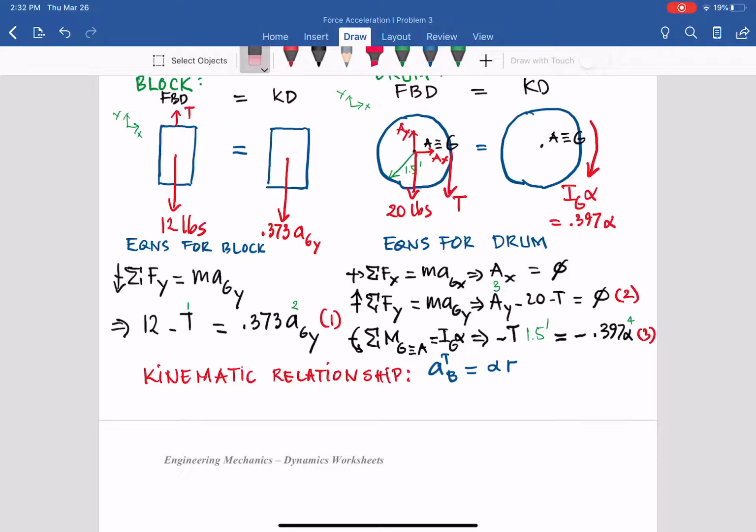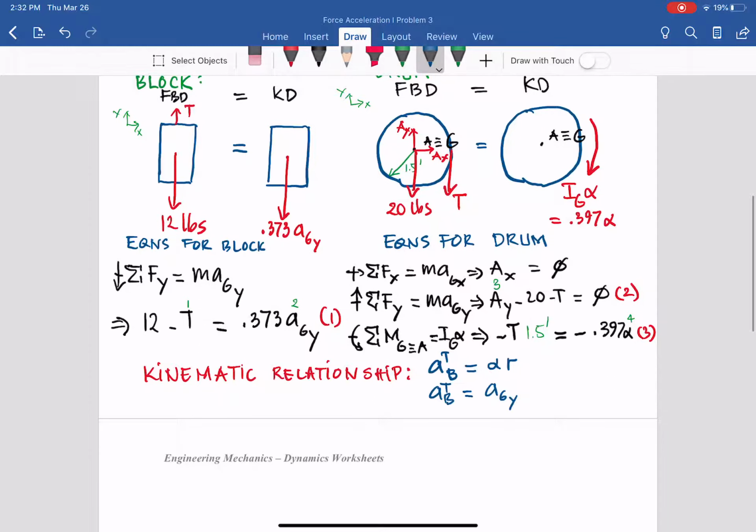ABT also equals Ay of the block. Because that's a common point, right? ABT tangential is hooked to the block, so it equals Ay.